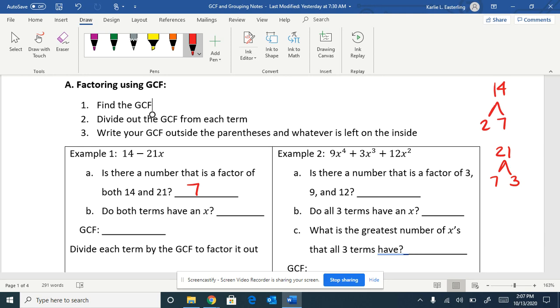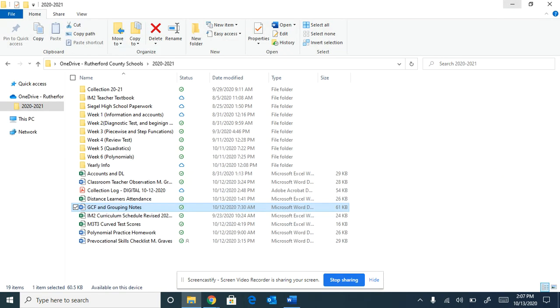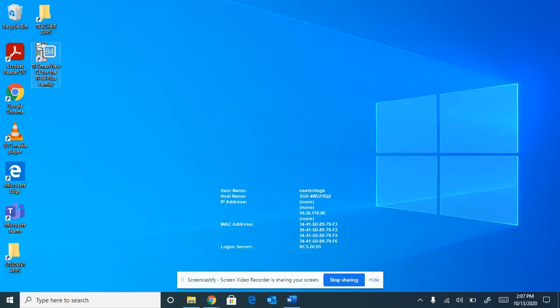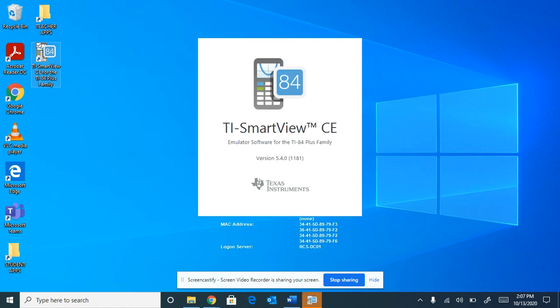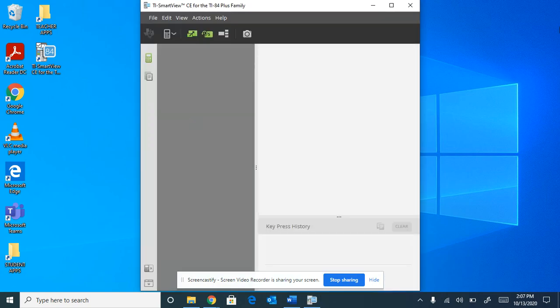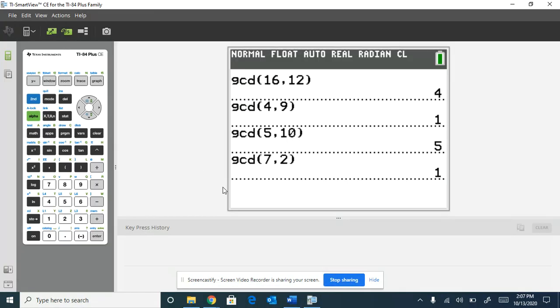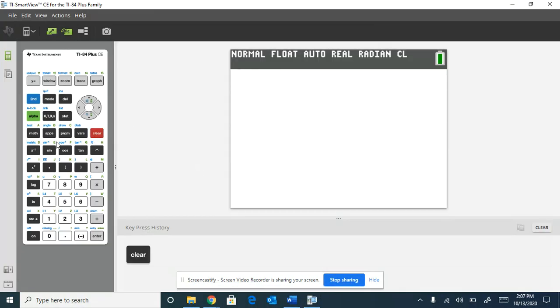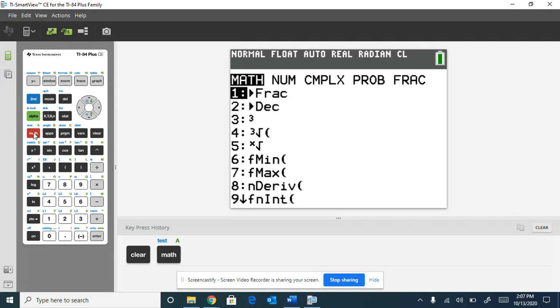Another thing you can do is use a graphing calculator, and I'm going to show y'all how. You will come over to the math button that's below alpha, and you'll click on that.